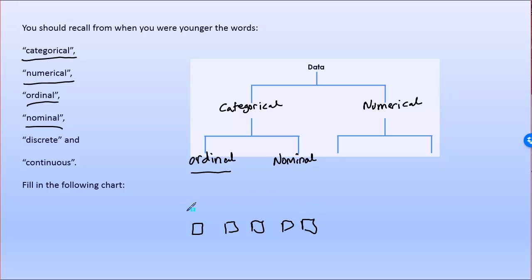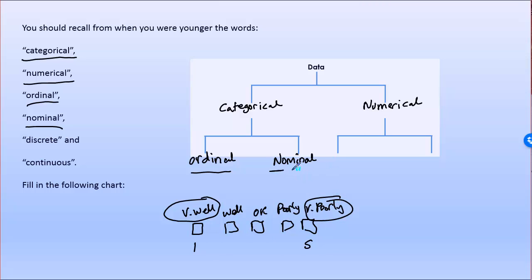Well, we said, very well, well, okay, poorly, and very poorly. This is descriptive, but it clearly has some sort of order associated with it. So very well we might consider to be a 1, and very poorly we might consider to be a 5. There's an inherent order in these things. Whereas nominal is something that's purely descriptive, such as eye colour.